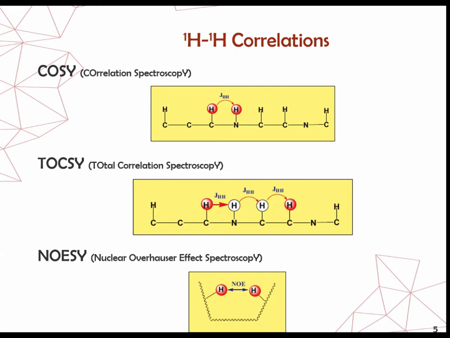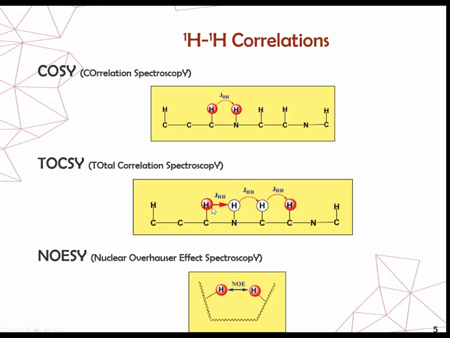The main three types of correlations are COSY, TOCSY, and NOESY for small molecules of organic chemistry. The difference is that in COSY you look at the scalar coupling between two protons.